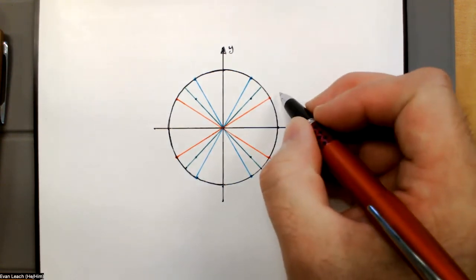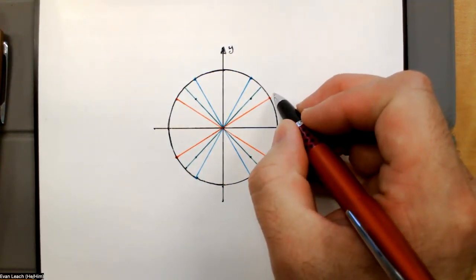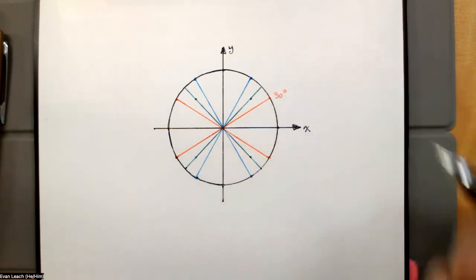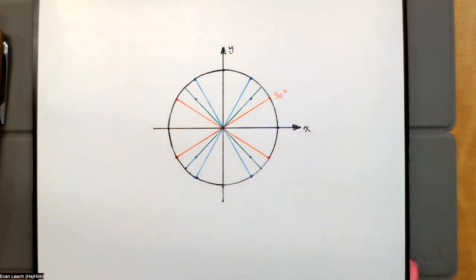So here's our 30-degree reference angle. So we know that the sine of 30 is a half. The cosine of 30 is root 3 over 2.